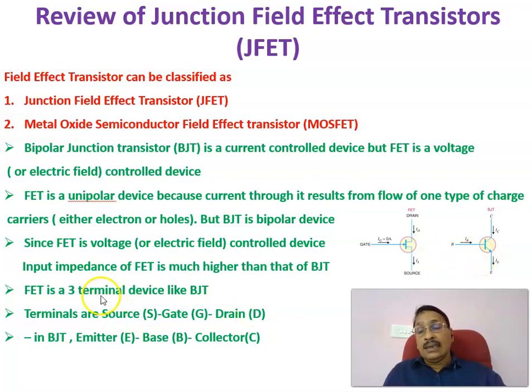The terminals are source, gate, and drain. In BJT, the counterpart of source is emitter, the counterpart of gate is base, and drain is the counterpart of collector C. Therefore, both are three terminal devices.